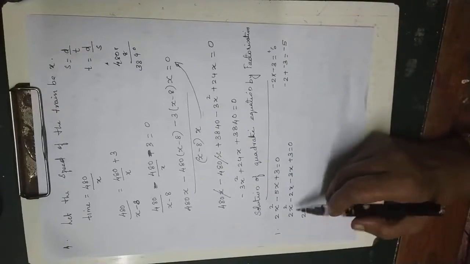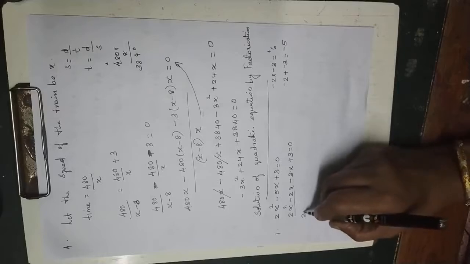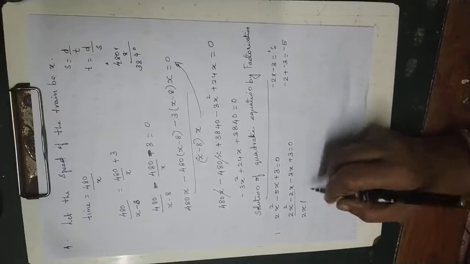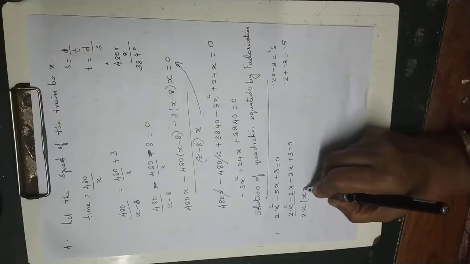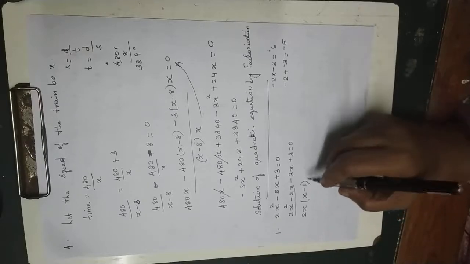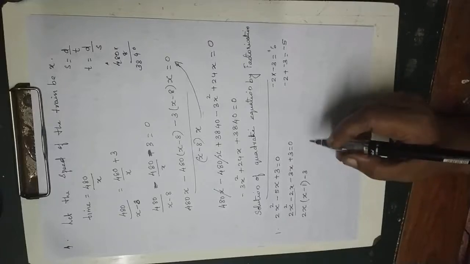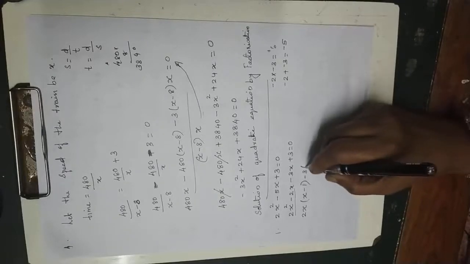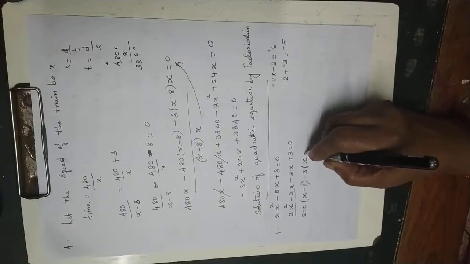So in the first two terms, 2x is common. Take out that, x minus 1. Here negative 3 is common, so here it will be x minus 1.